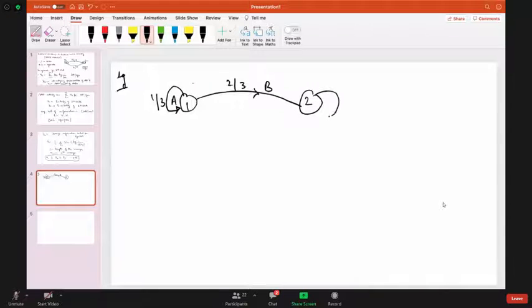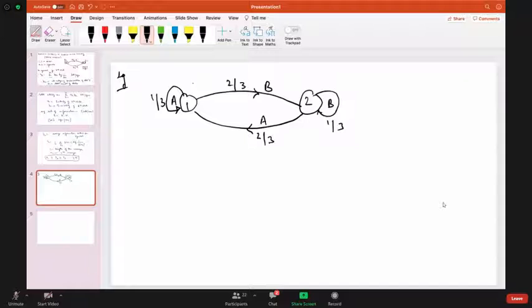When 2 goes back to 2, then a symbol B is emitted with the transition probability 1 by 3. And then when you have 2 to 1, a symbol A is emitted with the transition probability of 2 by 3. So this is what it is.